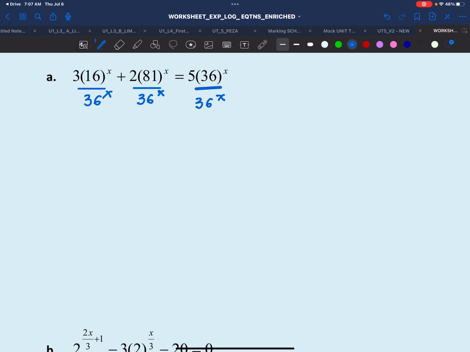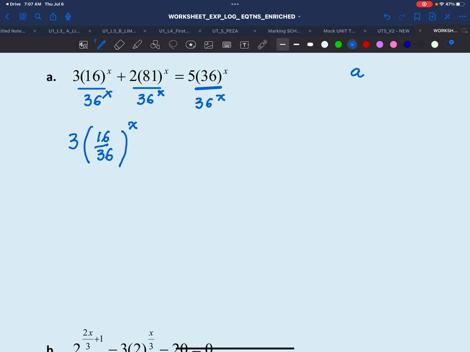On the left side, we have 16 to the power of x and 36 to the power of x. You see that there are two terms to the power of x. So what we can do is write this power of x with a common base, 16 over 36, and I will explain why and how we can do this.